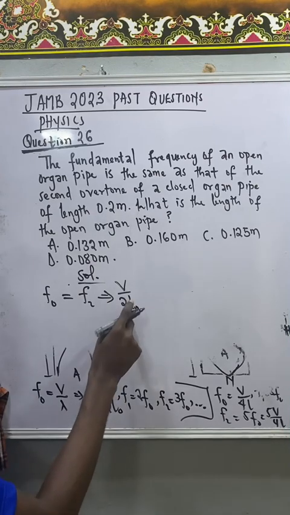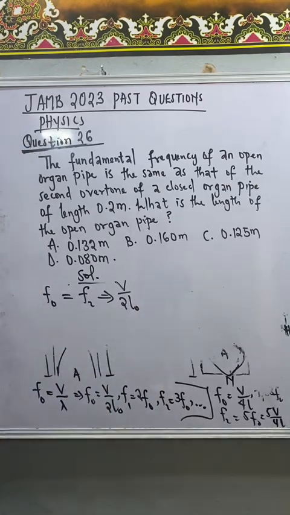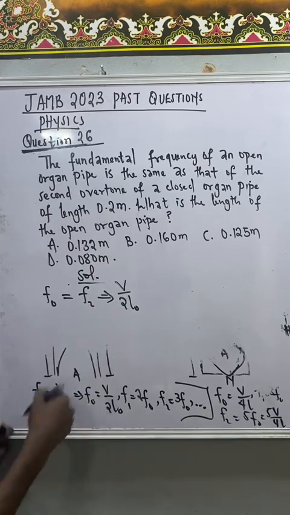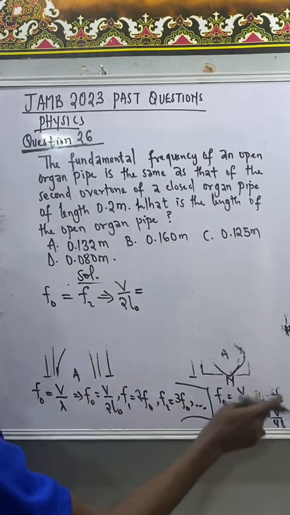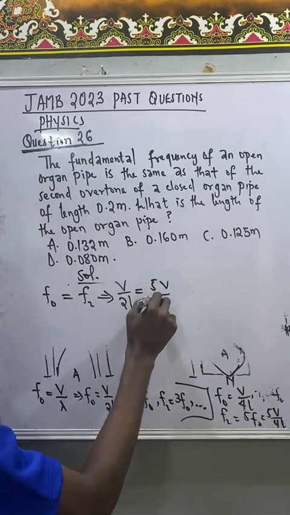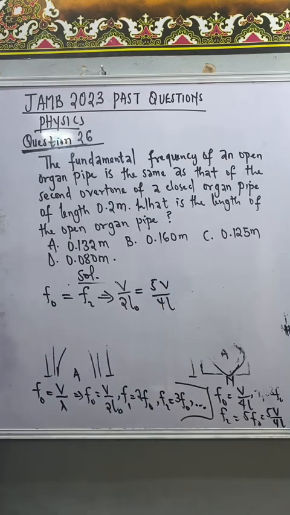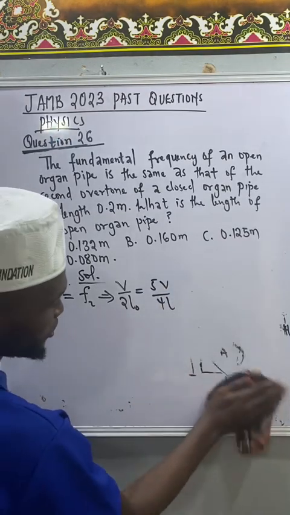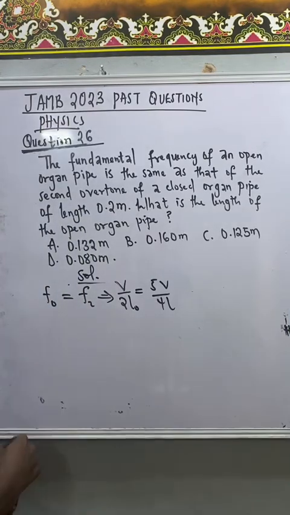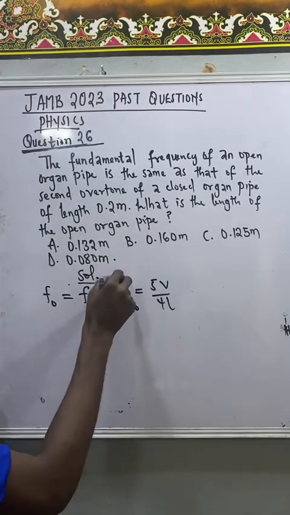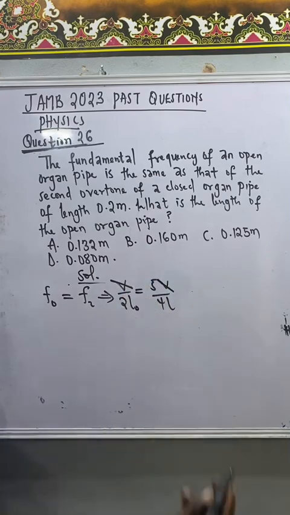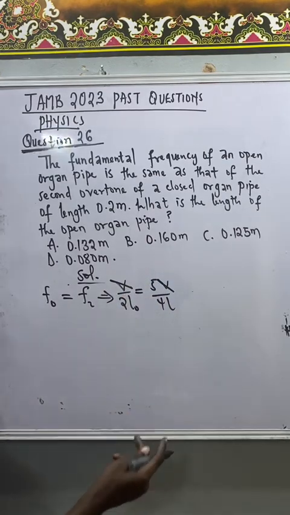Let me put L0 so that it means the length of the open pipe. That will be equal to 5V over 4L, which is the second overtone of the closed pipe. From here, I can make L0 the subject of the formula. First of all, V cancels V if I divide both sides by V.